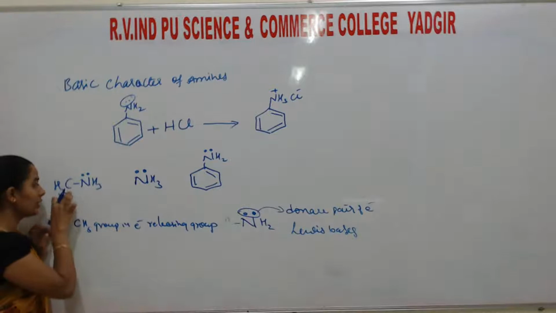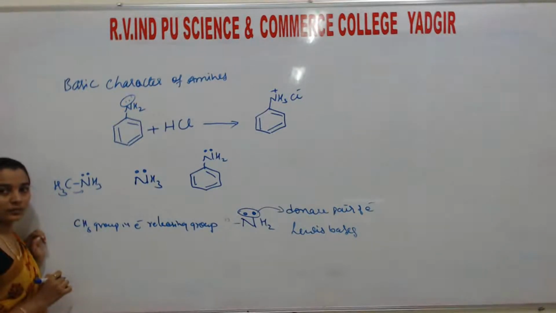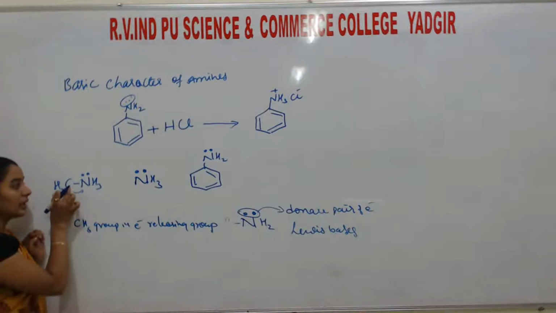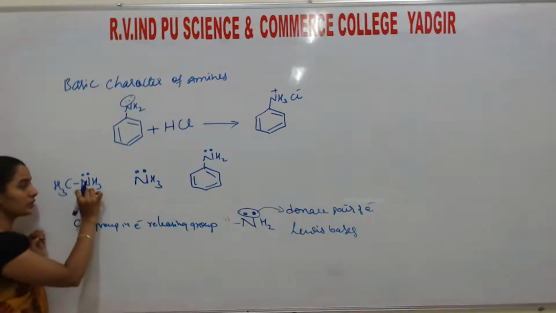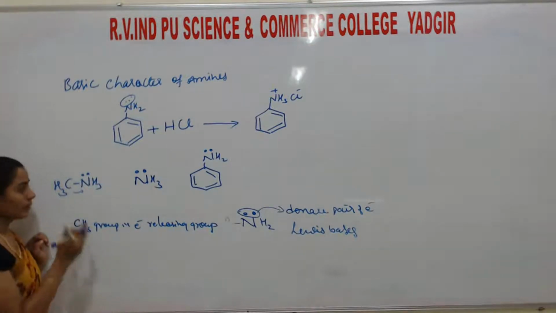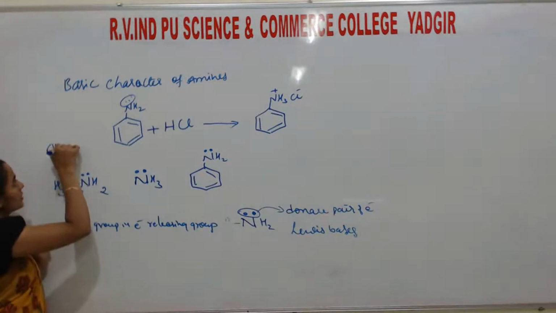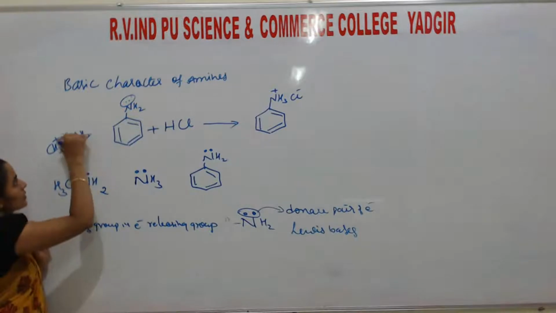That means it releases electrons towards this nitrogen. That means electron density on nitrogen increases. If you divide this, how will you write? CH3 plus and NH2 minus.